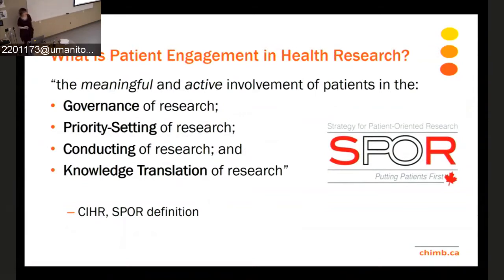In the conducting of research, that means we're involving people in actually doing the research. So we have patient community co-researchers, we have peer researchers, and finally in the knowledge translation of research. So how are we going to share the research findings and co-developing these methods?